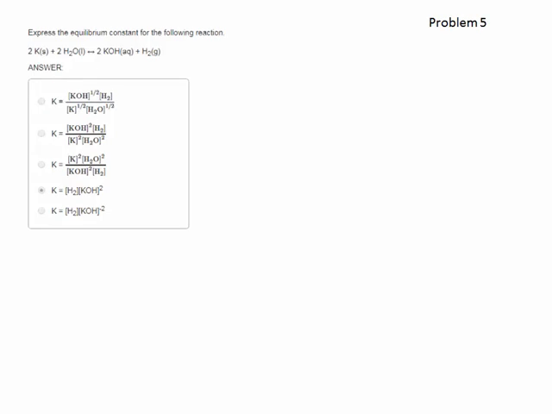This problem 5 is no different. It's the same idea that we just have to pay attention to what are the states or the phases of the reactants and the products, and we're expressing the equilibrium constant for this reaction.